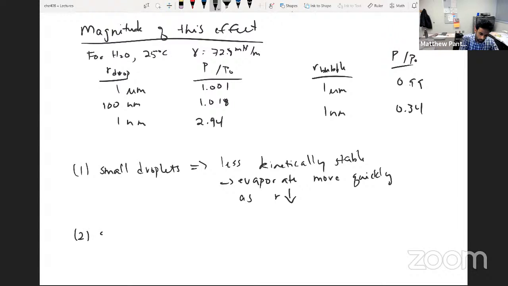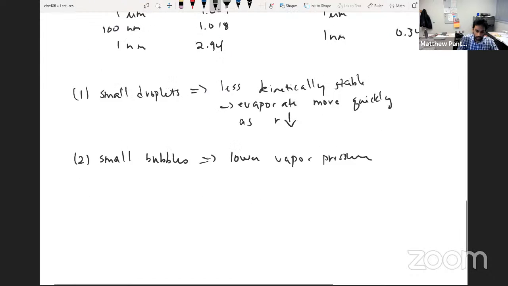So small bubbles have lower vapor pressure. So the vapor in there has a lower concentration, essentially.